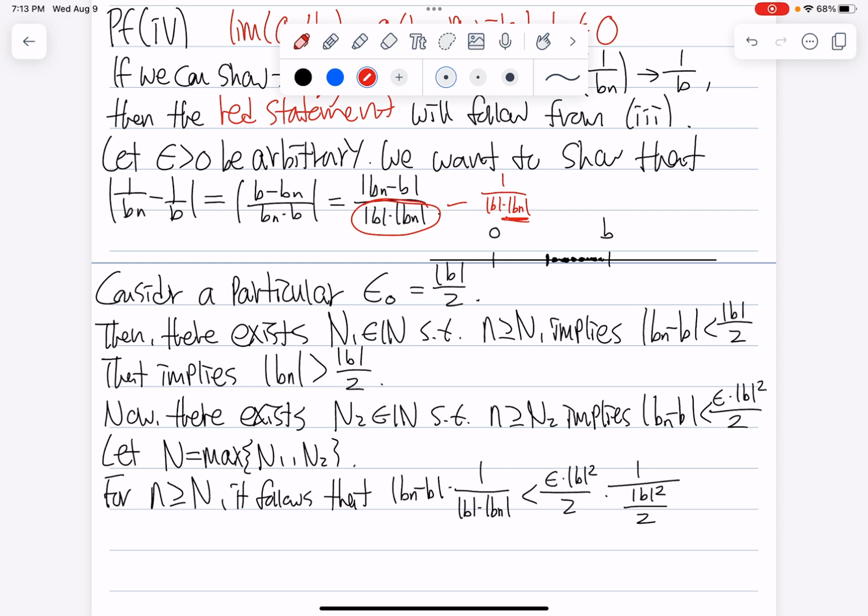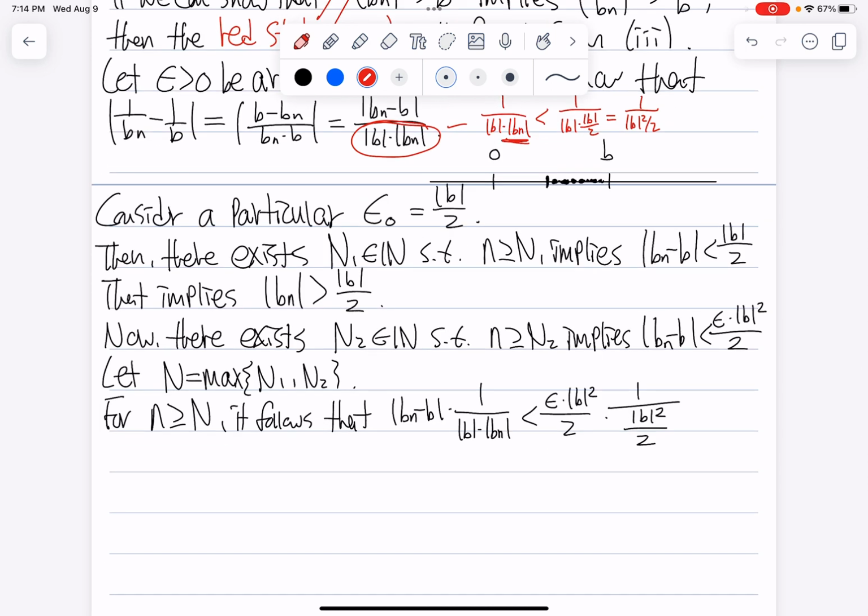So if we divide by a number that is bigger, we yield a number that is smaller. Consequently, this whole expression is going to be less than 1 over the absolute value of b times the absolute value of b over 2, which is 1 over the absolute value of b squared divided by 2. That's what we have here. So the absolute value of b squared is going to cancel and 2 is going to cancel, and we're just left with epsilon as desired.